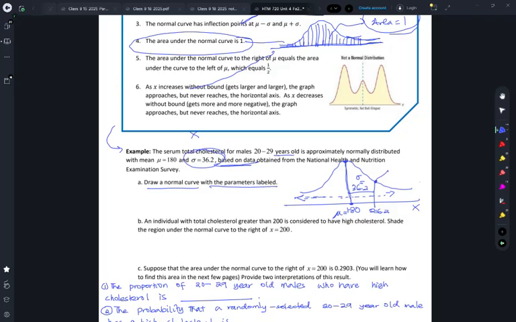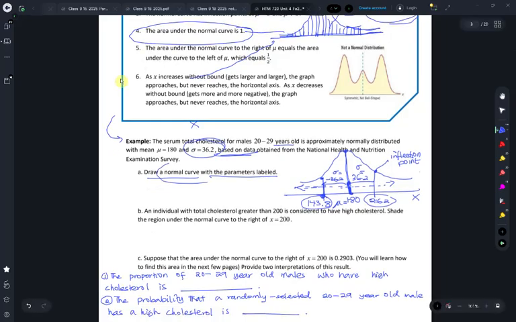This is an inflection point. The other inflection point would be starting from the reference point 180 minus 36.2, the standard deviation. I'll arrive at the other inflection point, which is 143.8. So these two points are the points of inflection.